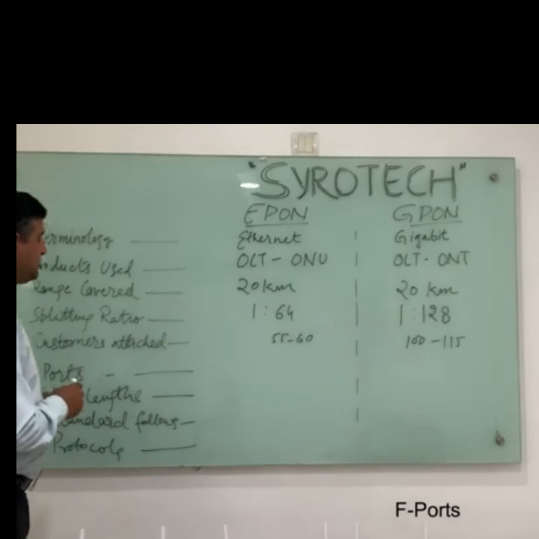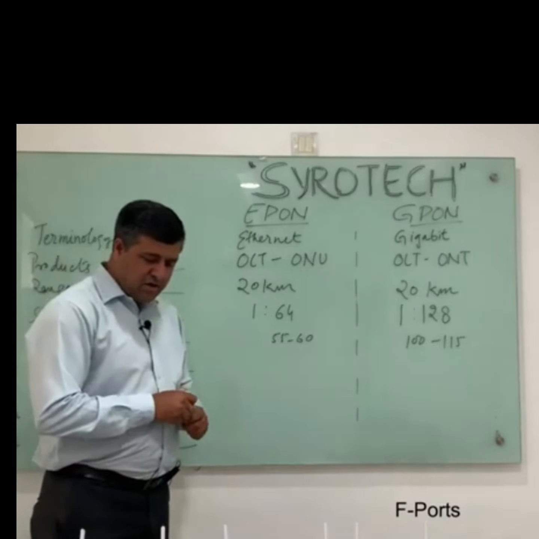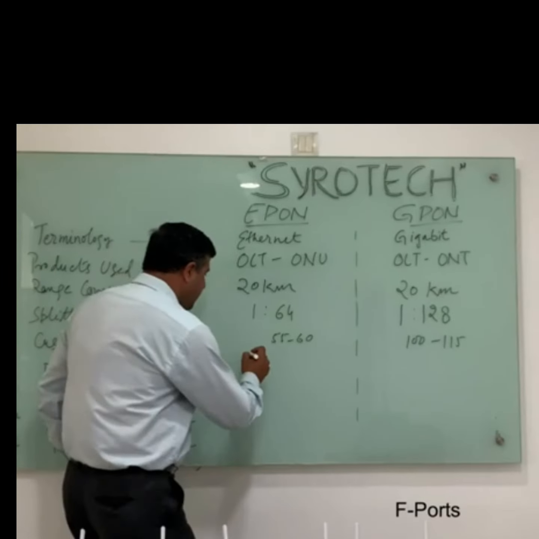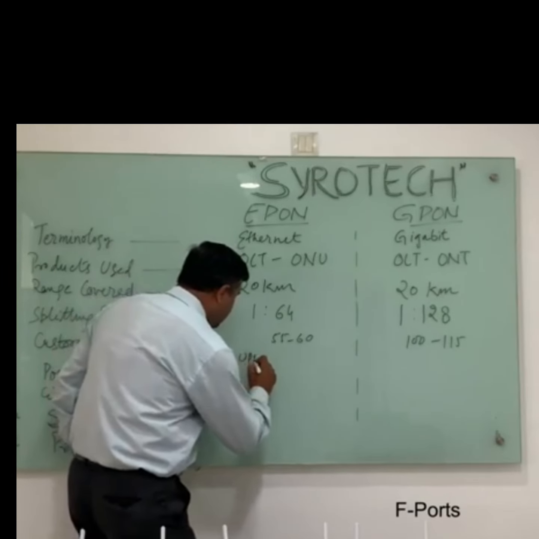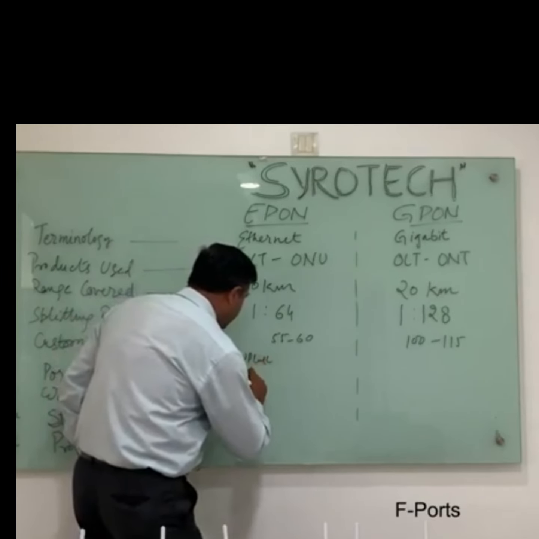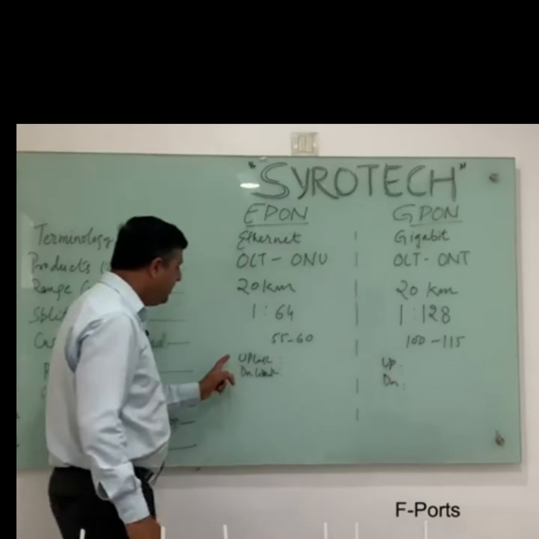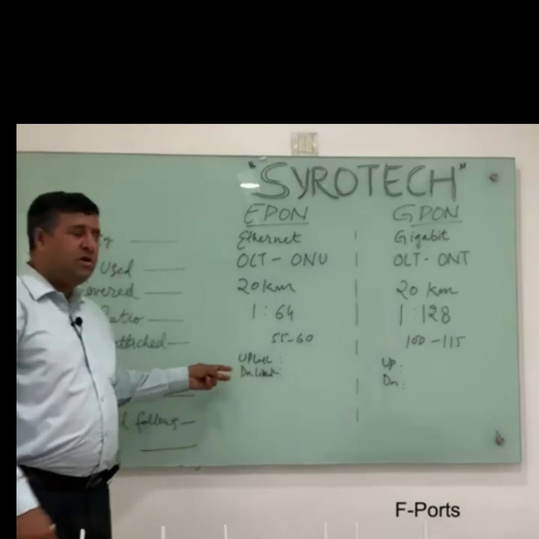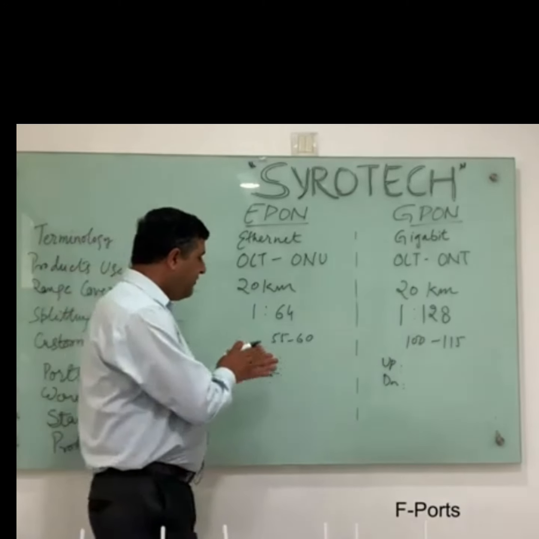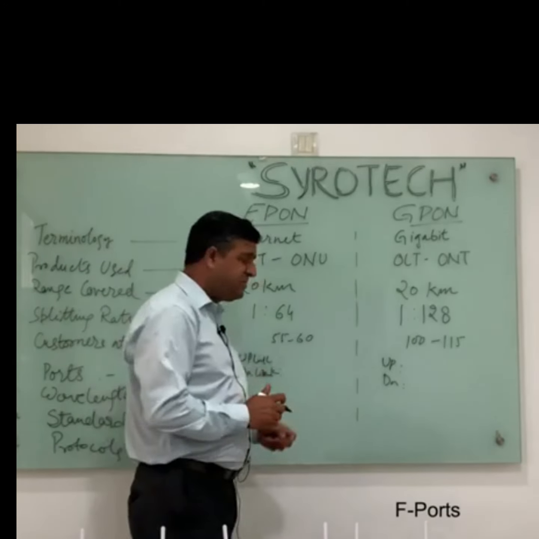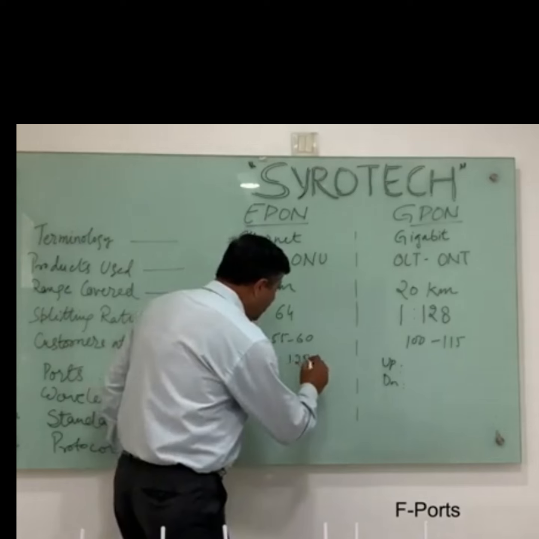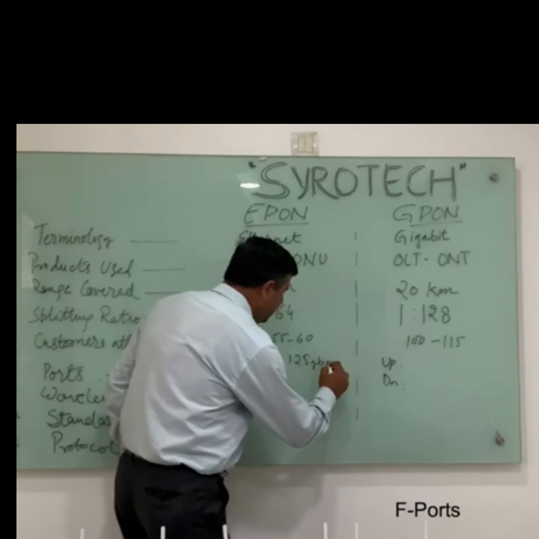Now ports. Here uplink ports and downlink ports are there. Now it is very important to remember these 2 points. Here also uplink and downlink. Here in the uplink and downlink ports, our speed will be the same, that is 1.25 Gbps.